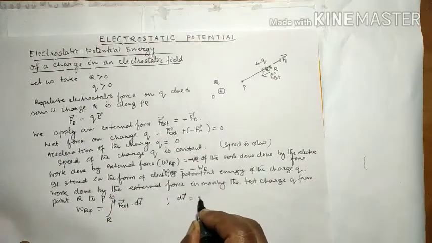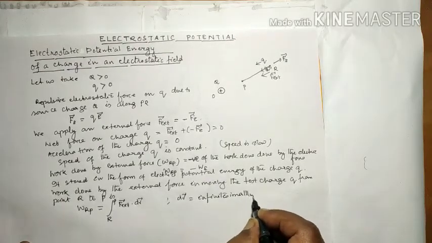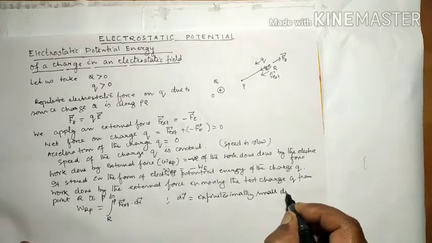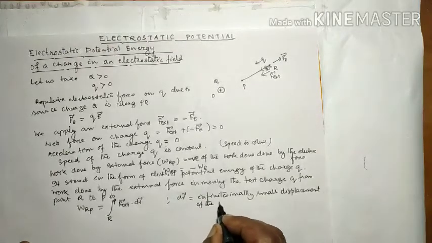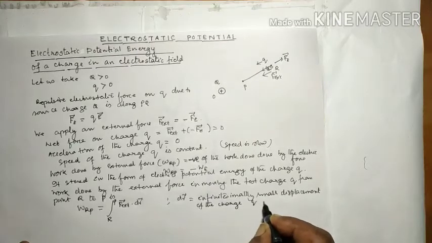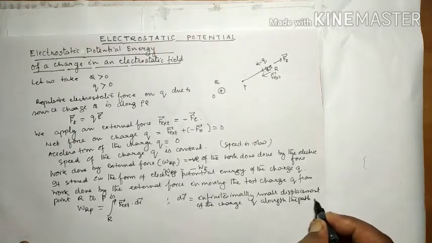So here dr is the infinitesimally small displacement of the charge q along the path RP.